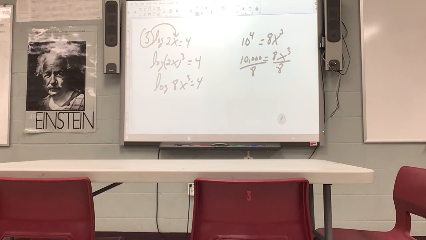What's 10,000 divided by 8? 1250. And then we need to undo the cube by cube rooting. So in case you forgot cube root on your calculator, it's math 4. Uh, 10.7722. Did you get that right on your own? Yeah. Good.